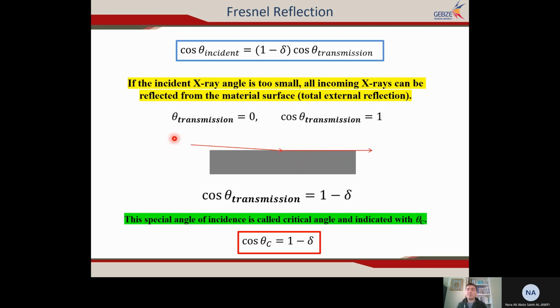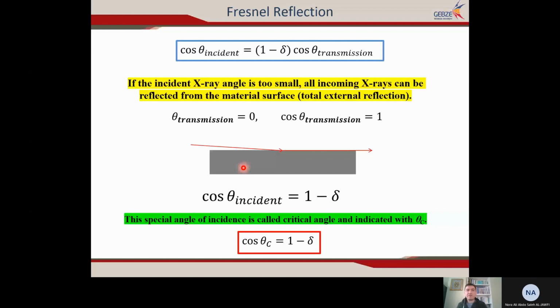All incoming X-rays are reflected from the surface of the material. This is total external reflection. This is like you throw a stone on the surface of a lake or water at a very small angle.